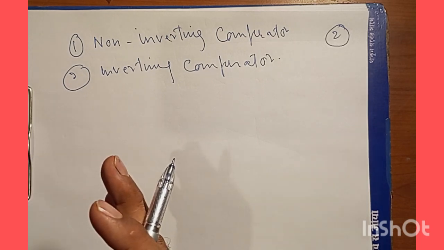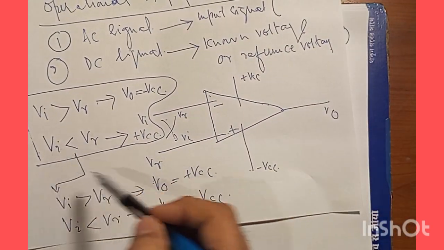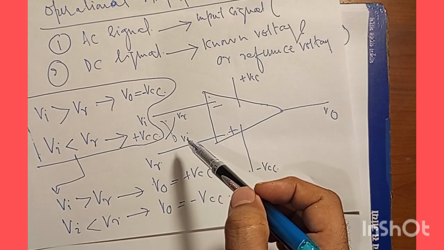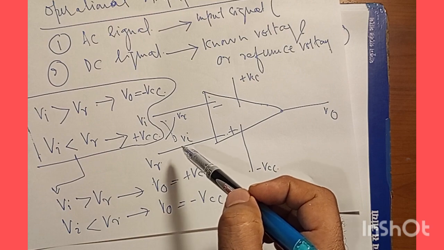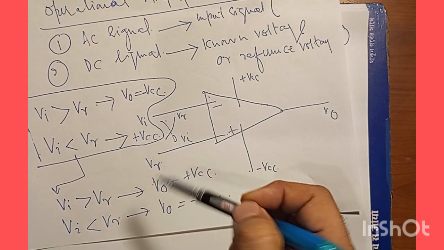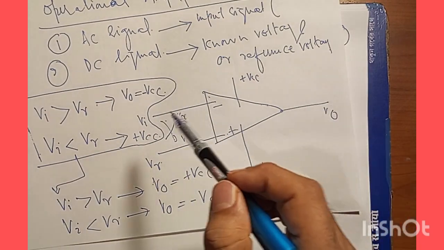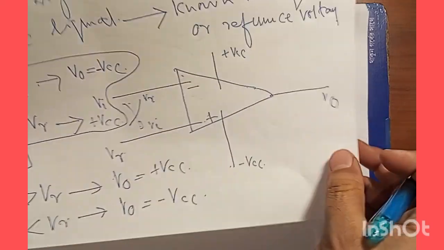And then we talked about the conditions that can evolve if we assume that VR is less or VI is less, in which case the output voltage will be negative VCC, and in which case the output voltage will be positive VCC.